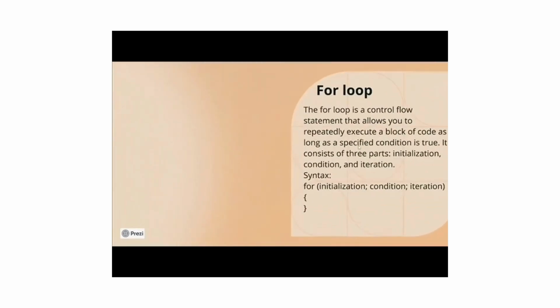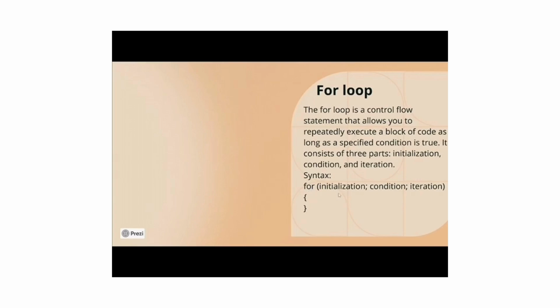A for loop is a control flow statement where a block of code can be repeatedly executed until the specified condition is true. Here the basic syntax of the for loop is initialization, then condition, then iteration.